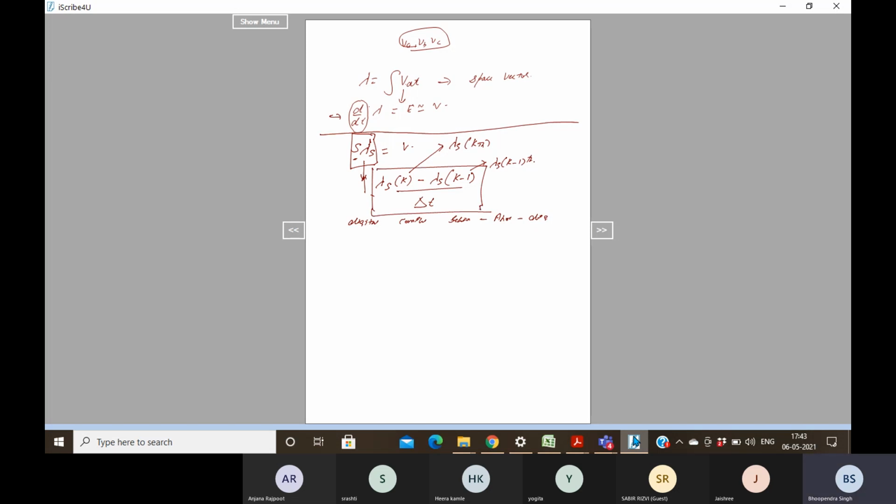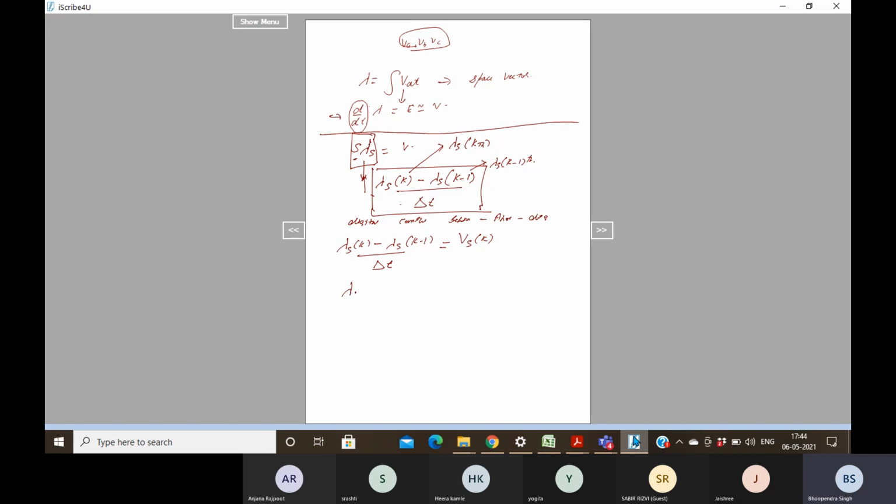Right. Now let us see this. So we know that time rate of change of flux linkage is equal to applied voltage V. So it can be elaborated as xi s of k minus xi s of k minus 1 for the small time interval delta t is equal to the voltage vector at kth instant, isn't it?